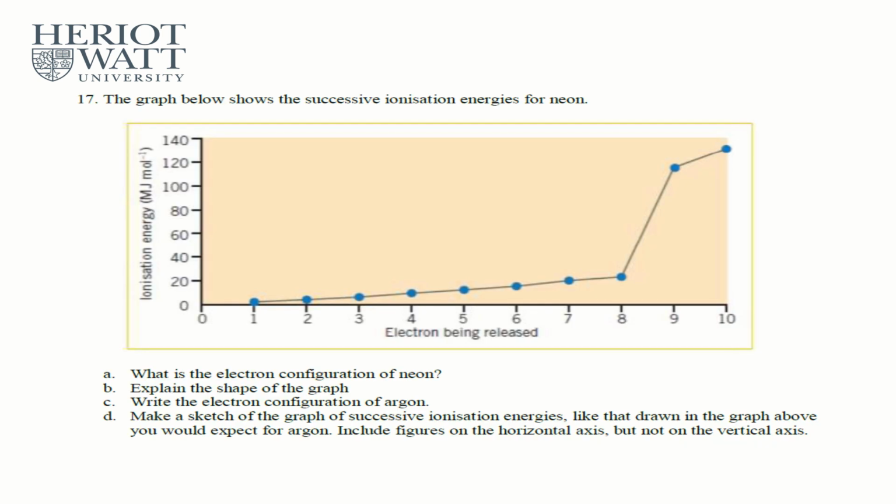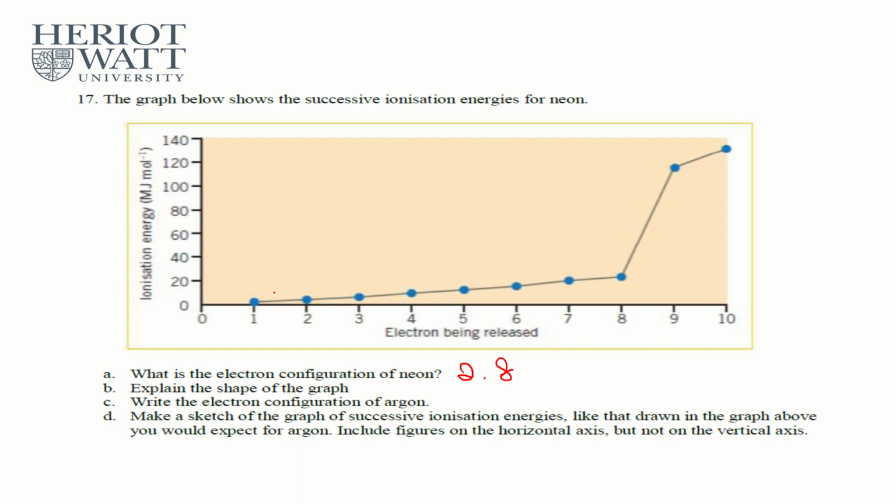17. Now the graph below shows the successive ionization energies for neon. What is the electron configuration for neon? It is 10 electrons, so 2, 8. Explain the shape of the graph.